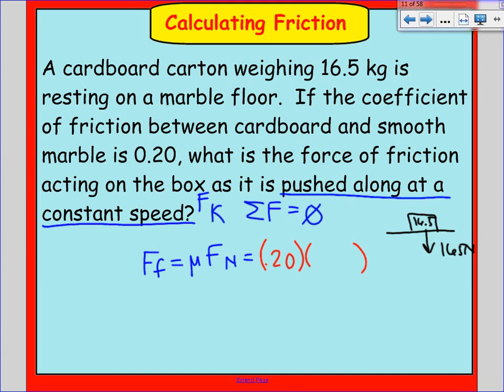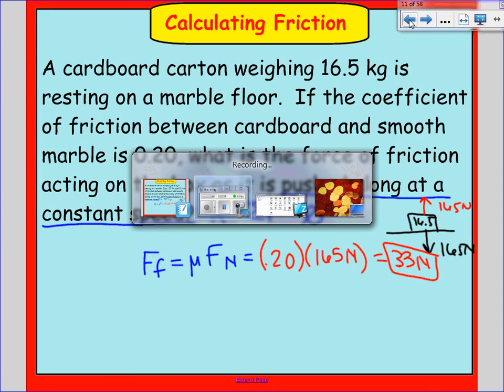Since the object is in equilibrium, the force normal that the floor pushes up with must be equal to that. So it would be 165 newtons for the force normal, and that's what I plug in here. 165 times 0.2 gives me a force of friction of 33 newtons. This concludes the video on intro to forces and types of forces.